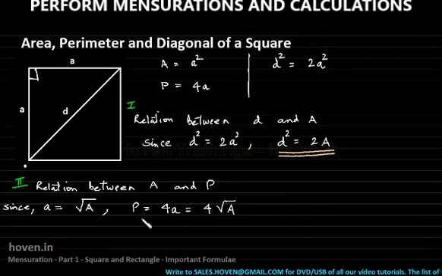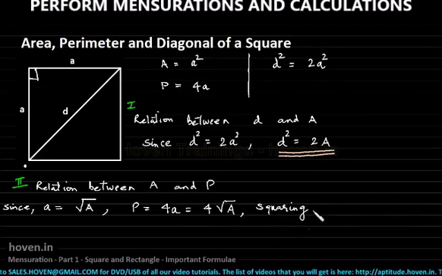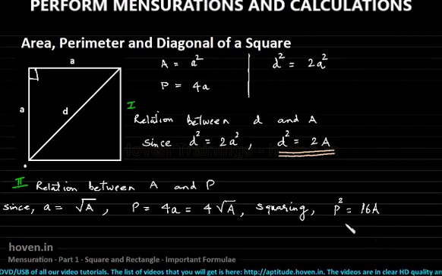So we can either use this, or to bring it into a more user-friendly form, we can write squaring. We get P square is equal to 16a. This is the relationship between the perimeter and area of a square.